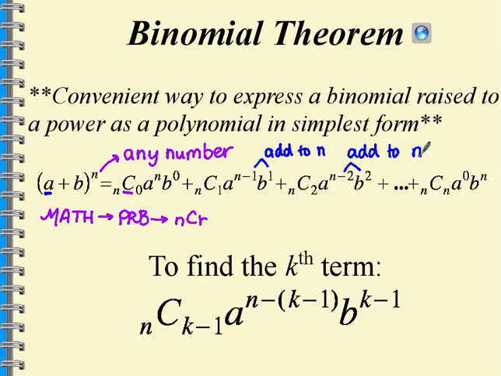Now go ahead and get this formula down to find the kth term. We will use this later. How we find the kth term is n choose k minus 1, then a to the n minus (k minus 1), and then b to the k minus 1. That's probably not going to make a whole lot of sense until we look at a problem.